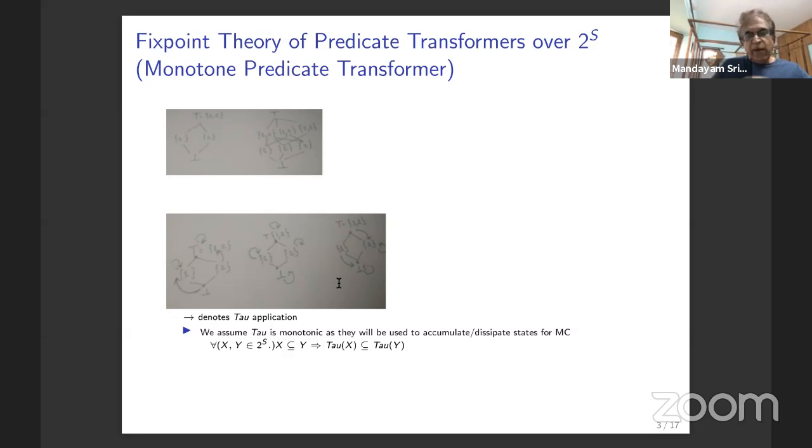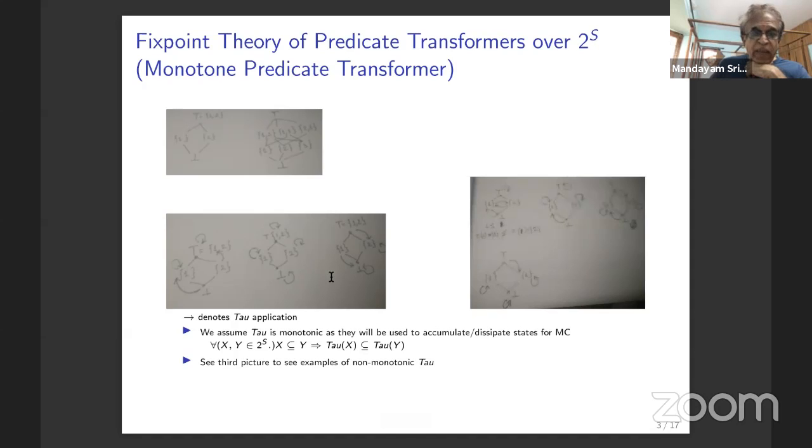If it is monotonic, you usually have this kind of picture, where you have a mixture of ascending and descending chains in the lattice, the complete partial order.